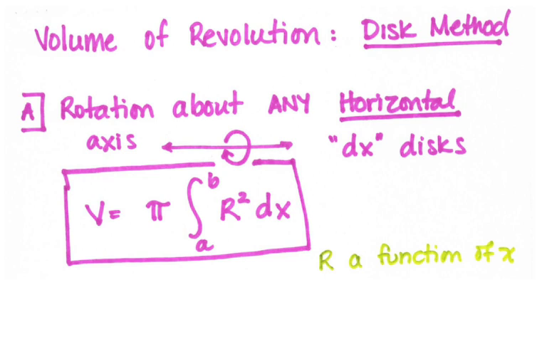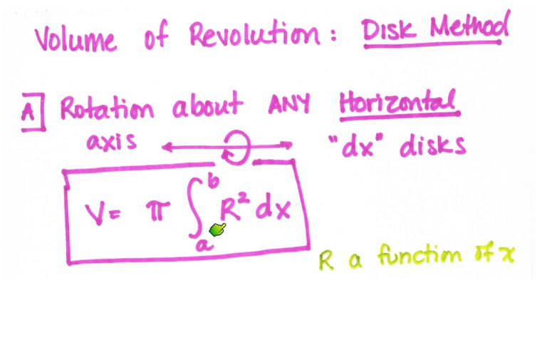So these are the formulas for you to memorize. You're going to be using them in your homework, but you really need to memorize them. When you're rotating about any horizontal axis, we've been doing it around the x-axis, but it could be some other horizontal axis, we're always going to have the volume equal to pi times the integral from a to b of the radius squared.